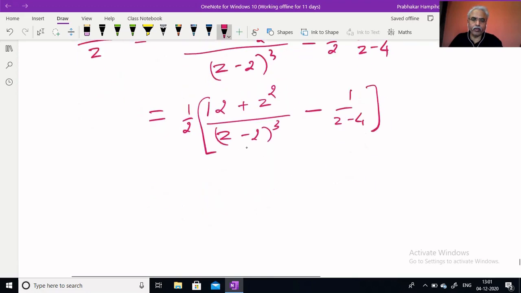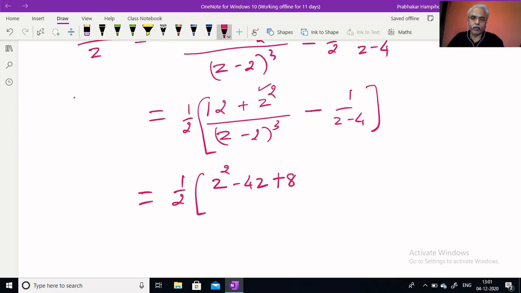Now we simplify in a different fashion. I'll make a perfect square in z minus 2 whole cube whole square. Z square, I require minus 4z, which I'll compensate after writing plus 4z, plus I require 8. So what is remaining?